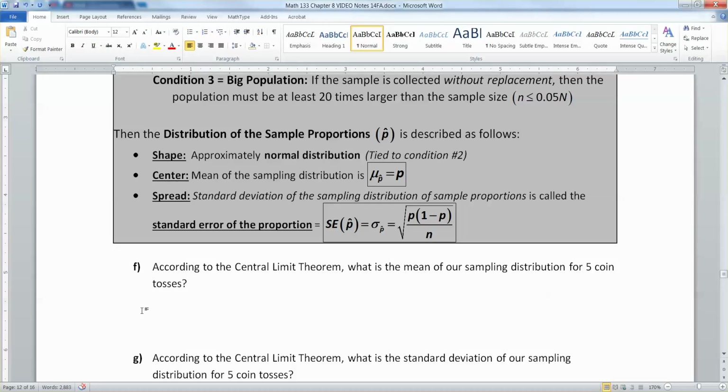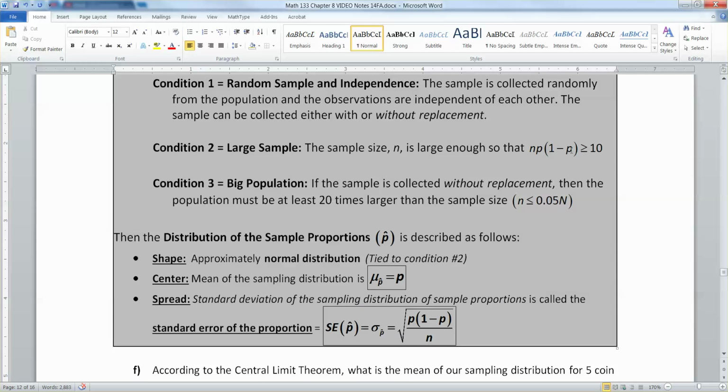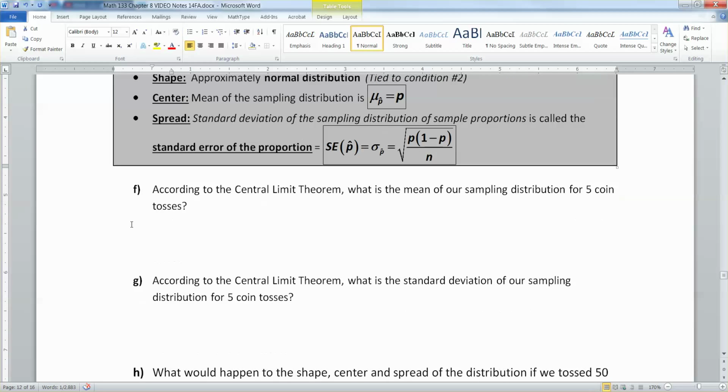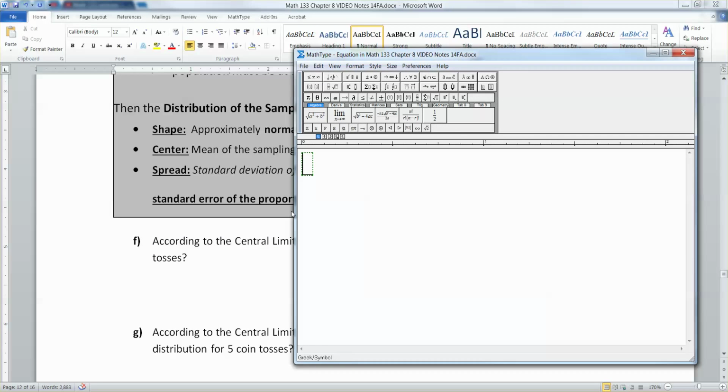So according to central limit theorem, what is the mean of our sampling distribution for 5 coin tosses? Technically we don't have condition 2 met for ours, but that's okay, we'll just pretend. The mean would be p, so that'd be mu of p hat, which is equal to 0.5.